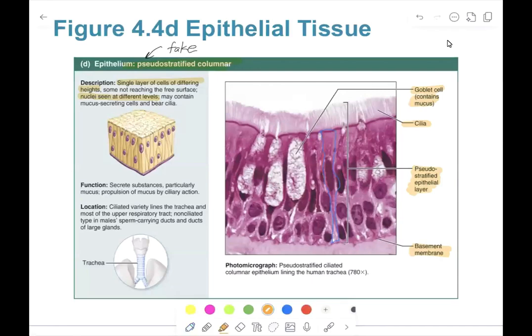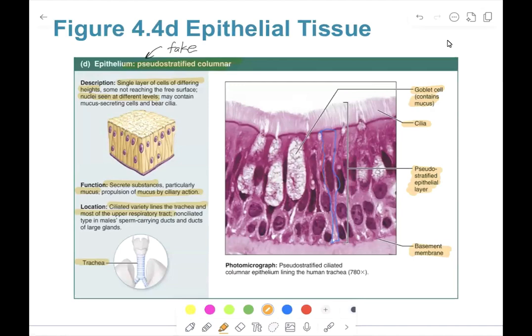These cells are going to secrete substances, particularly mucus, and they propel mucus by ciliary action. So this is what we saw in the trachea with the cilia. The ciliated variety lines the trachea and most of the upper respiratory tract.